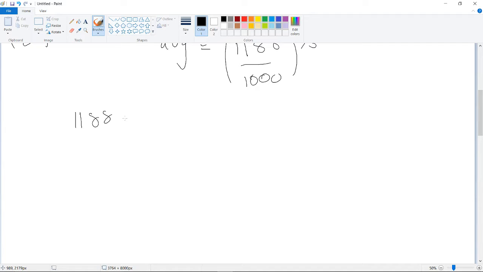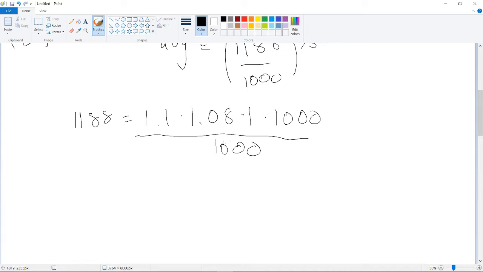1188 then equals 1.1 times 1.08 times 1 times 1,000. So then you can divide by 1,000 on both sides, and 1188 divided by 1,000 is equal to 1.1 times 1.08 times 1. Sorry, that should be a decimal down here.